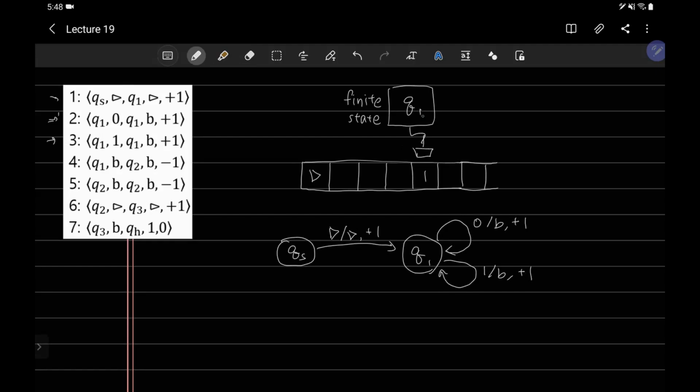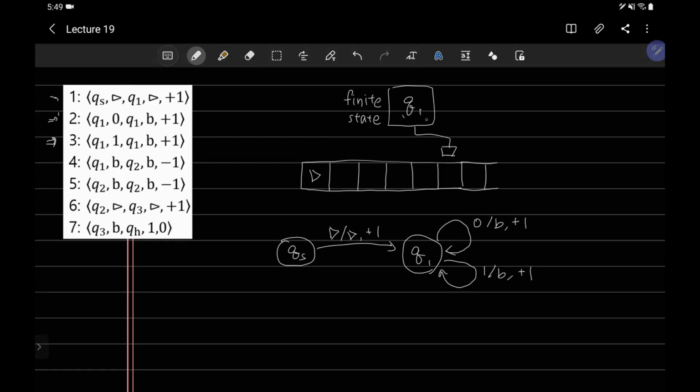And finally, the Q1 state and the value of 1 corresponds to the third line, and the Q1 will still remain as Q sub 1, the value in the tape will become blank, and the head will move to the right, like this one.